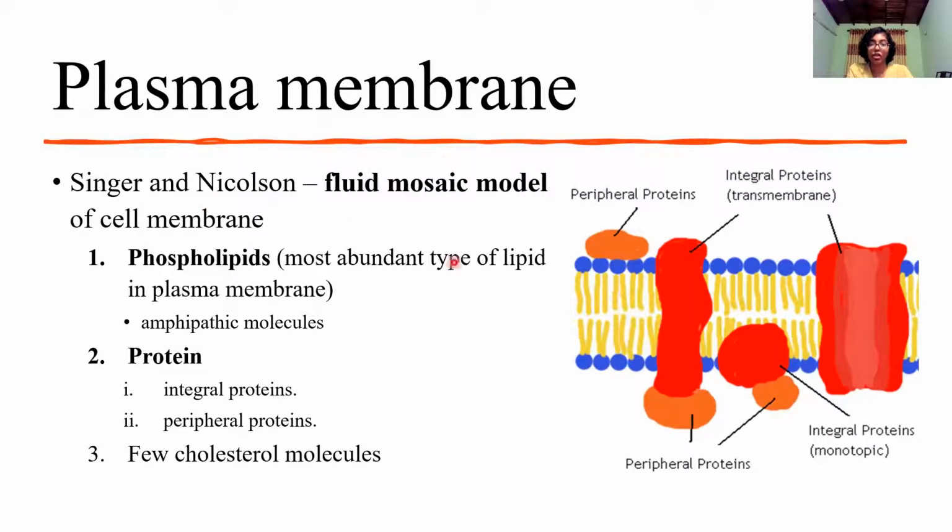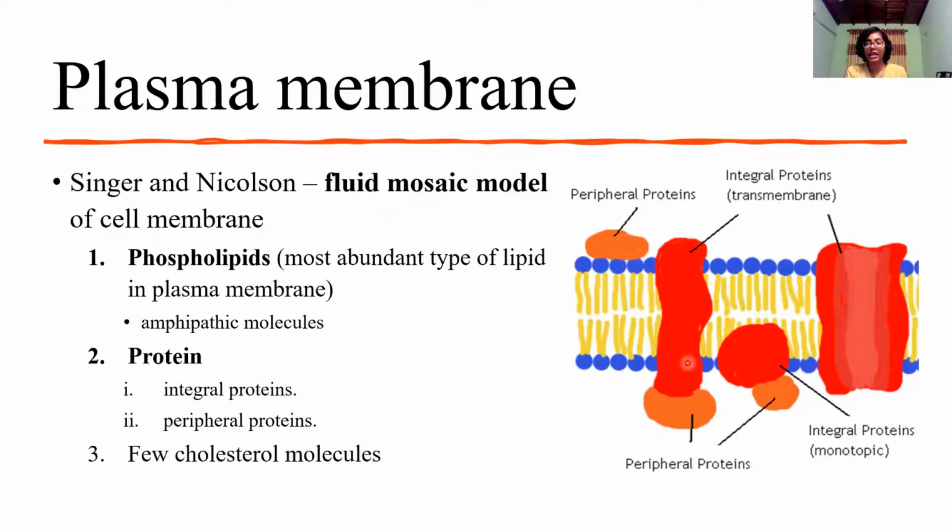We call phospholipids the fluid because we can see this is actually a cell membrane structure. Most of our cell membrane is made up of phospholipid. So here you can see the most abundant type of lipid in the plasma membrane is actually the phospholipids. So it's like a sea of fluid, it's like a sea. And in between we can see this mosaic, that is these proteins you can find here.